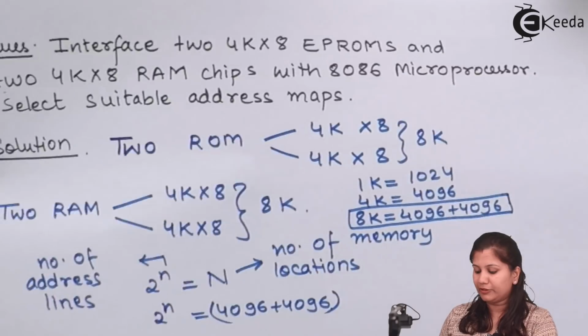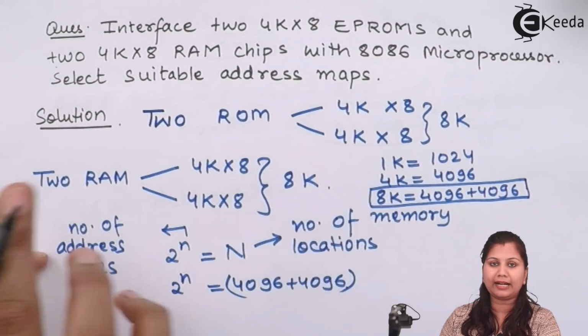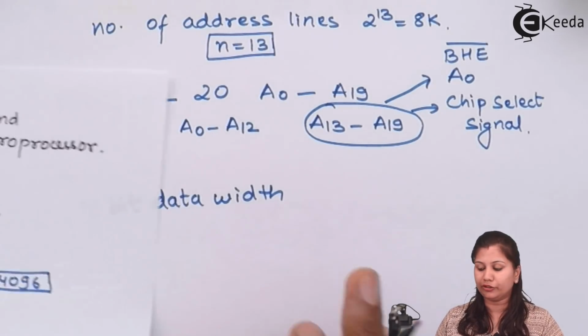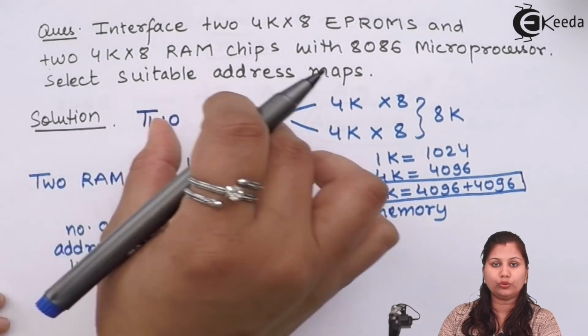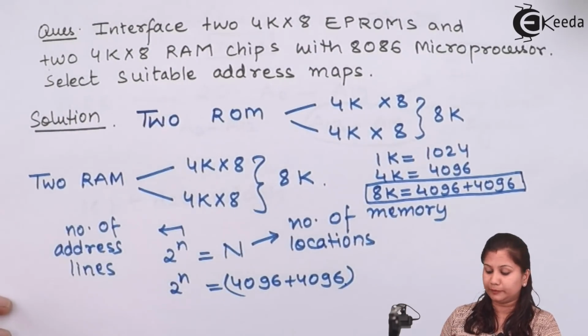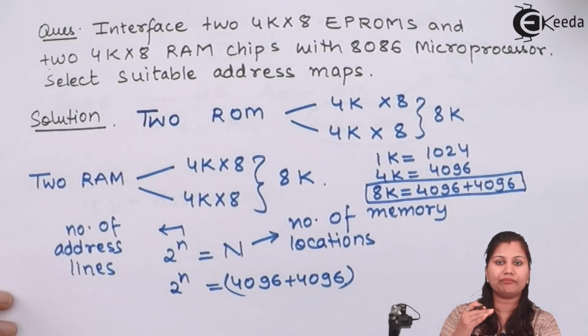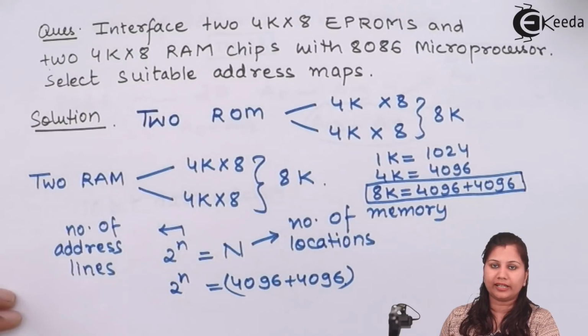Each memory chip can store 8-bit of data at each memory location, but we want 16-bit data width, so we are going to arrange the two RAMs and two ROMs in parallel to each other, so that when two RAMs are arranged, the upper RAM will give us the odd address and the lower RAM will give us the even address.